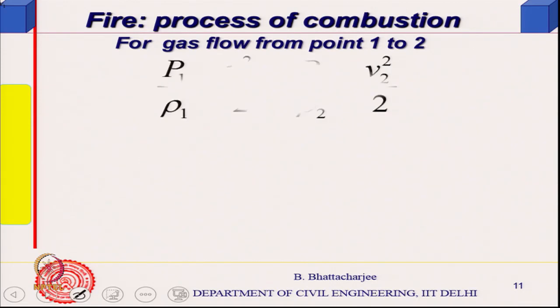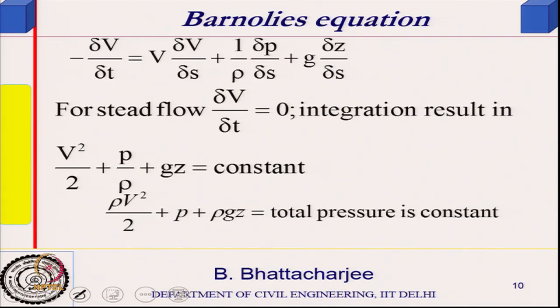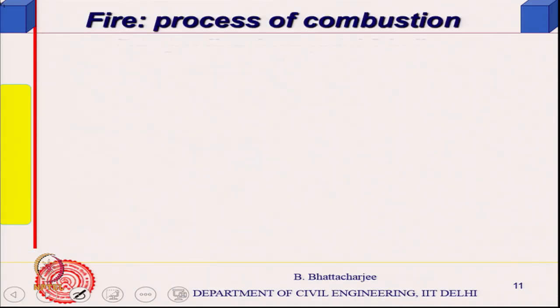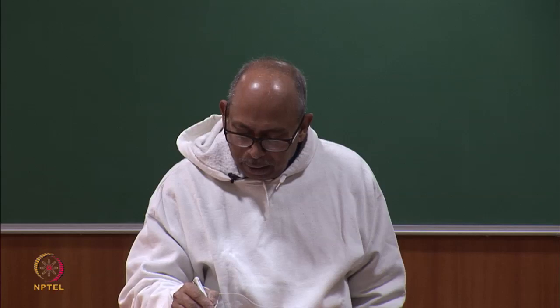So, for gas flow from 1 to 2, now I can apply this to point 1 and 2. At point 1 pressure was P1 divided by rho 1, and if the velocity is there, that will be V square by 2. Since they are at the same height, Z I need not take; it was at the same height in the compartment, if you recollect.